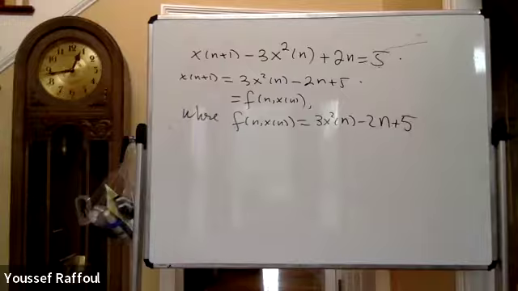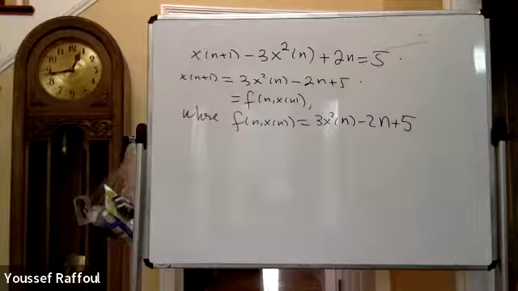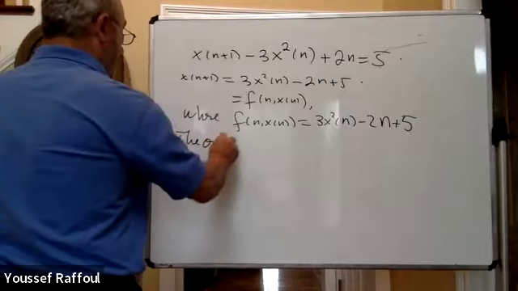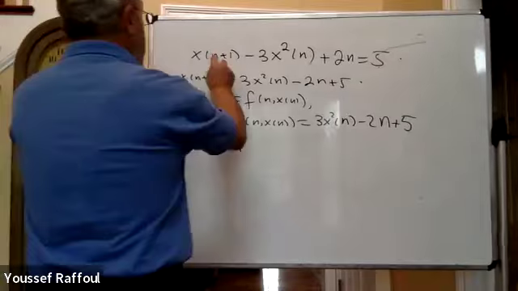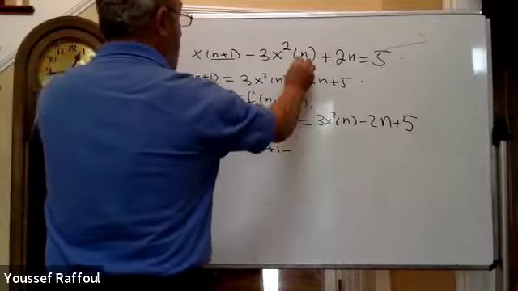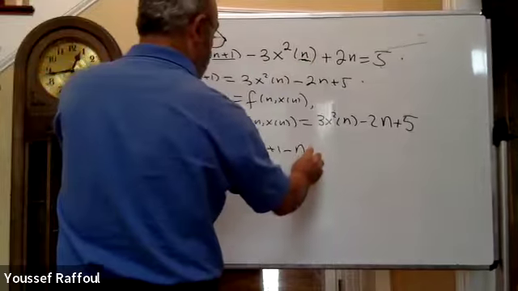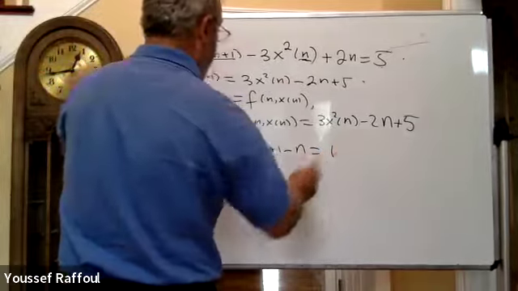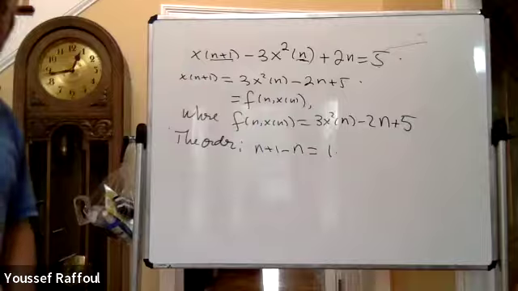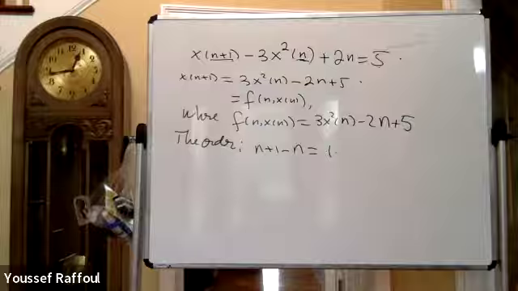Okay? You see that? So what is the order? The order is, this is the highest, n+1, minus the lowest, n, and that is 1. So this is a first order difference equation. Okay? So the order is 1.